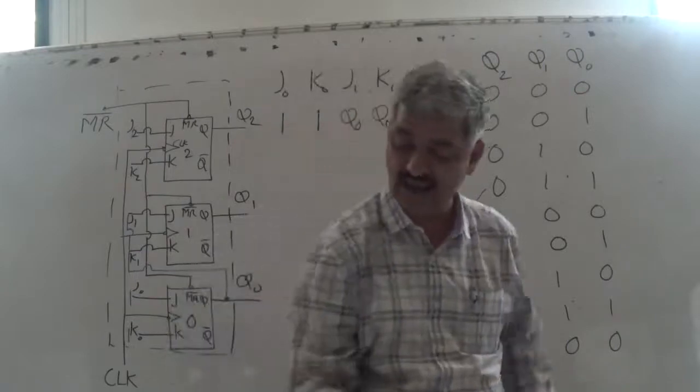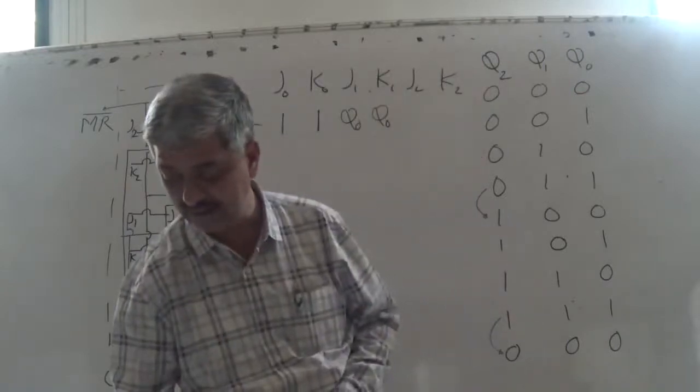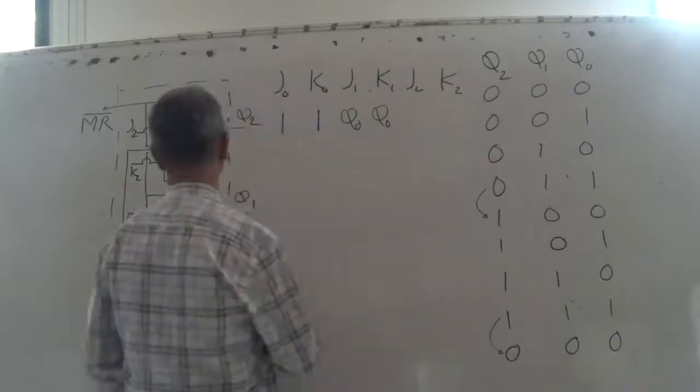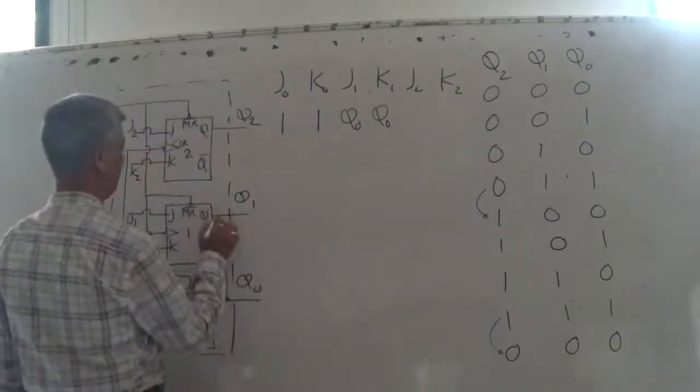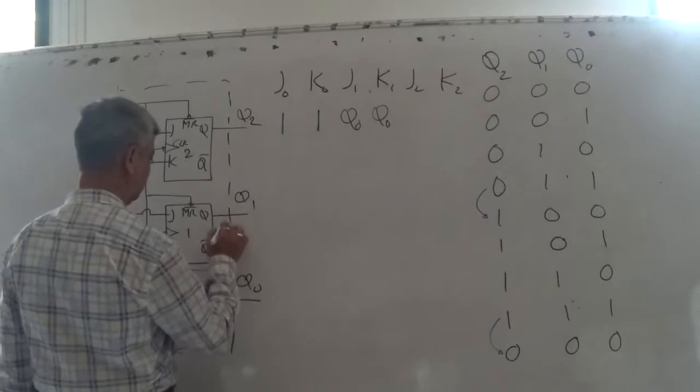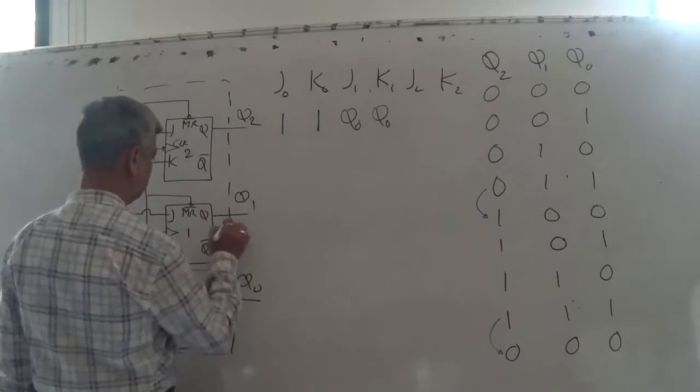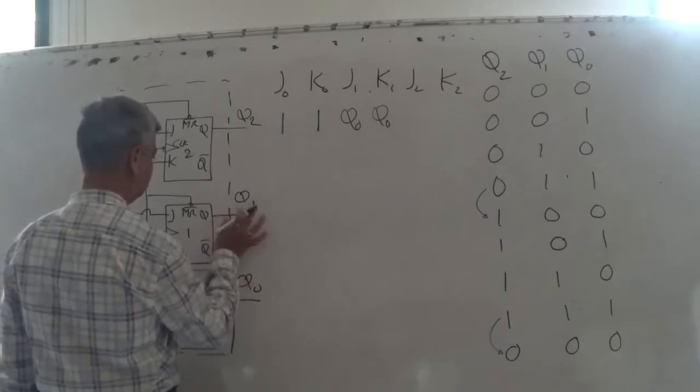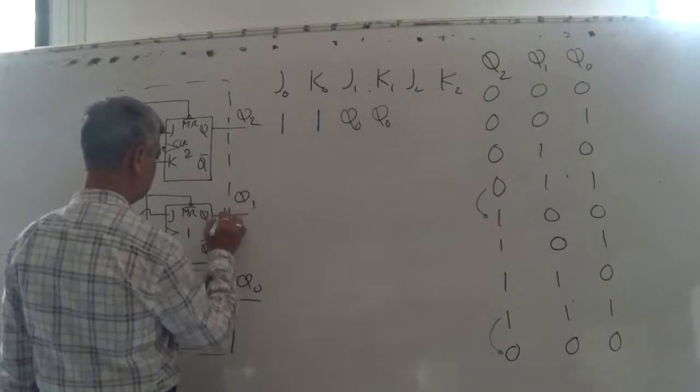So if I have to take Q1 and Q0, I should put an AND gate here.